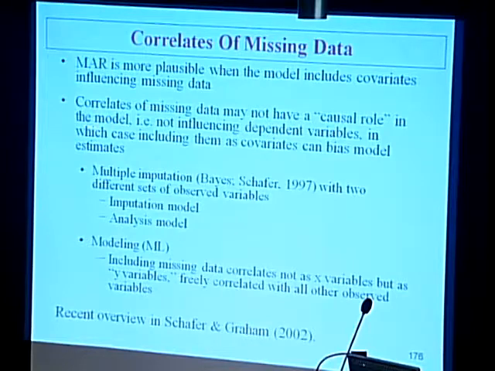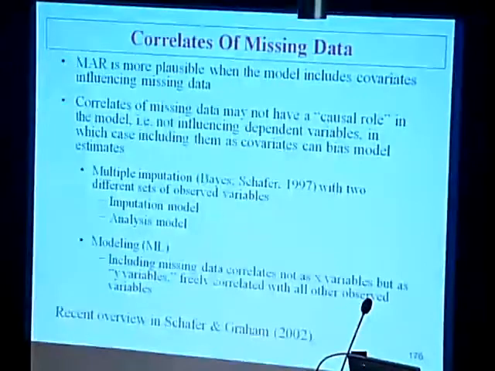That is, they don't influence the dependent variables. And if you include them as covariates, then it biases the model estimates. Because then your true covariates that have substantive meaning, that have a causal role, become partial. Their coefficients become partial regression coefficients with these extra missing data covariates included. And that's not what you want.